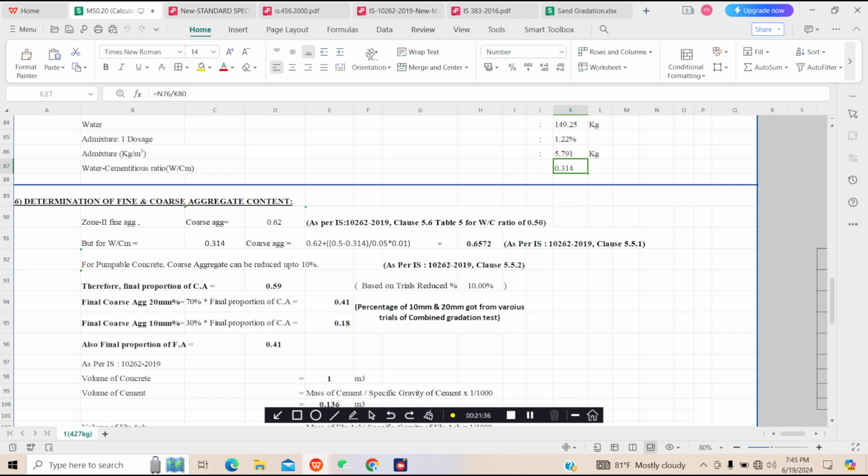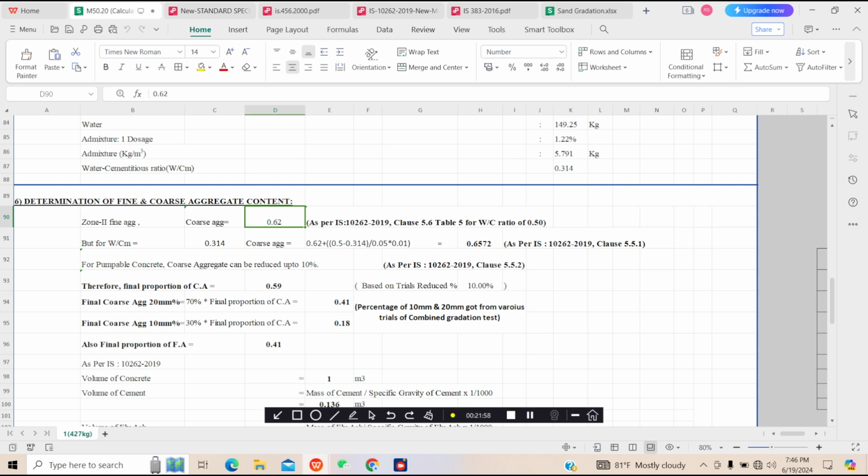If the water cement ratio decreases, the coarse aggregate ratio will increase. So for that we have added to this 0.62, by how much it's decreasing, that much we have to increase the aggregate ratio.